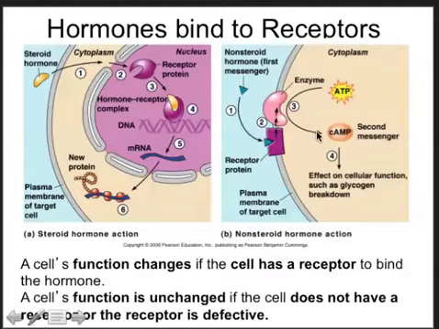In this case, the second messenger is something called cyclic AMP, which is generated by hydrolyzing ATP and producing this intermediate molecule, which will then go on to activate certain enzymes and cause a response inside the cell that's dependent on what the hormone was designed to do in the first place.